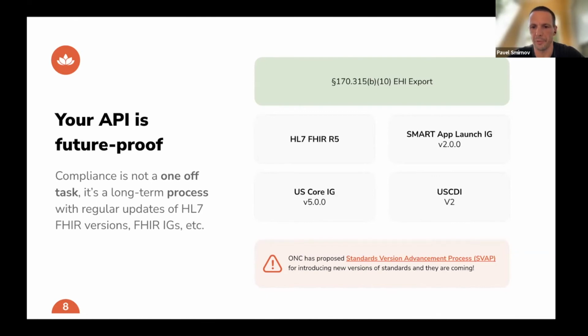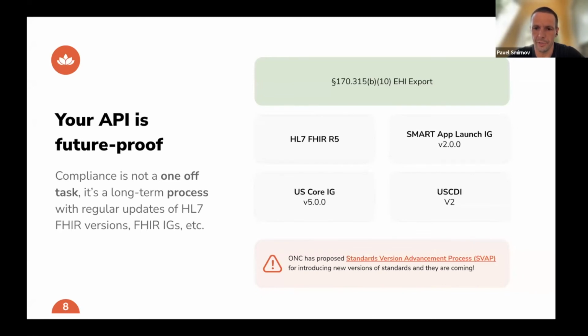And ONC has proposed this SWAP process, so new versions of standards are coming, and coming soon. HL7 R5 might be released this year, as far as I understand, and SMART on FHIR version 2 is coming, USCDI version 2, version 3, new versions of US Core.